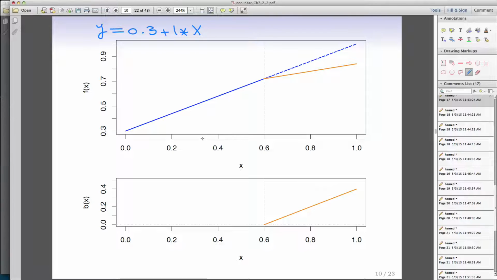It's half times x. Yeah, 0.5 times x. Okay, so let me erase it. Oh, I never used that eraser before, but it looks cool. Okay, so 0.5x plus, so the knot is at 0.6. So we had x minus 0.6 plus.